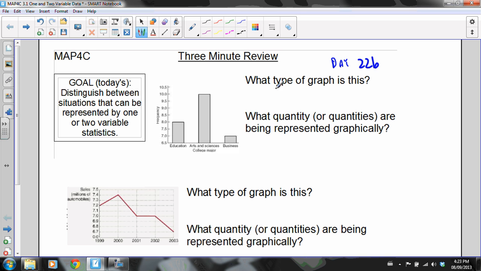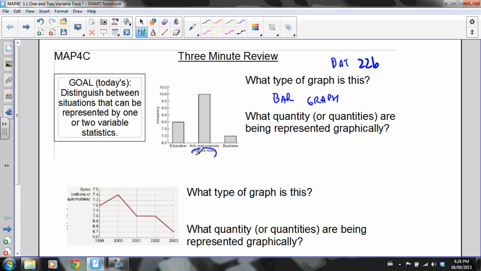Typical graph. What type of graph is it? It's a bar graph, right? Where we've got a bunch of categories on the bottom, and then each bar represents how many people or things there are in each of these categories. What quantity or quantities are being represented graphically? Well, this is probably what we're interested in comparing: business, arts and sciences college major.